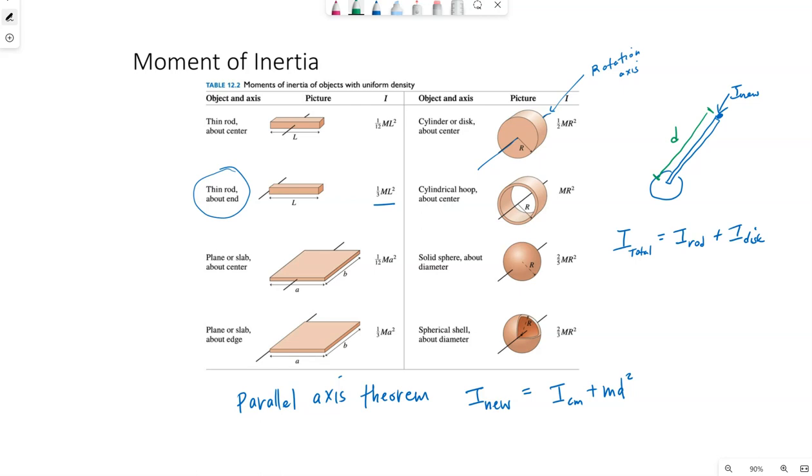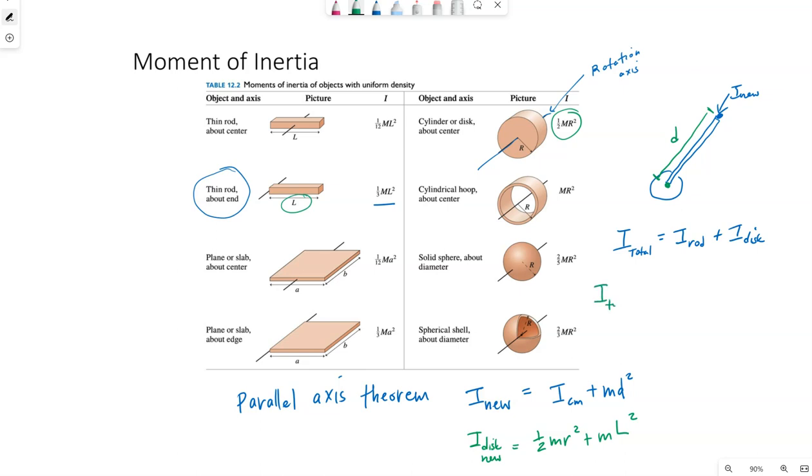So assuming the disc is attached at the end of the rod, such that the center of mass of the disc is at the end of the rod, I of the disc around this new axis would be, well, through the center is 1/2 mr squared, plus d would be L, the length of the rod.